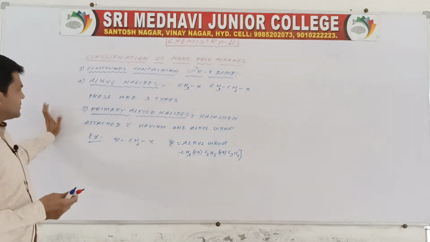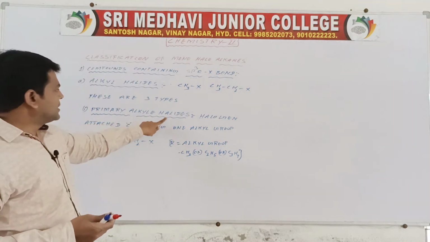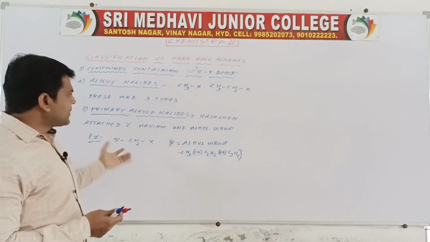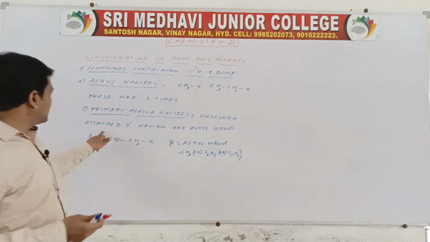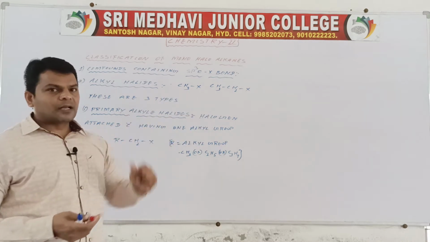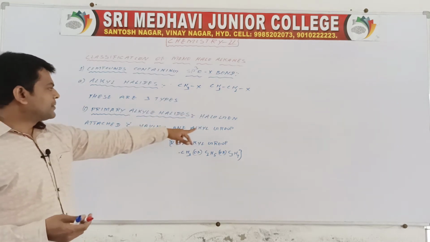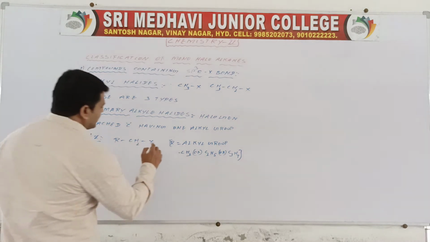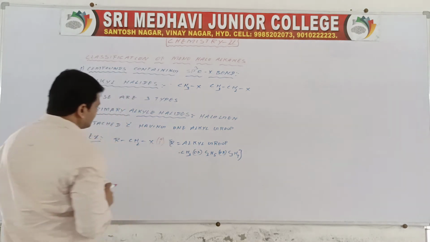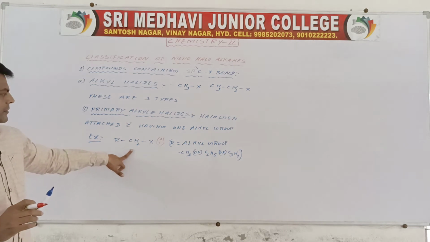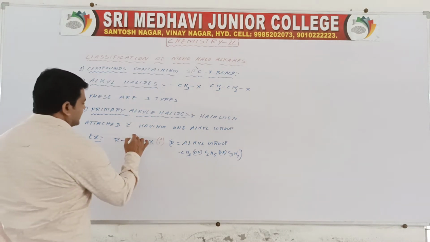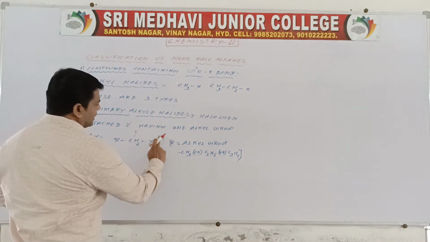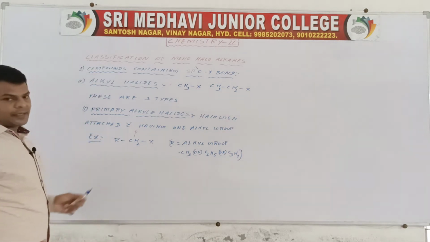These are three types. The first is primary alkyl halides: the halogen-attached carbon having one alkyl group. That is nothing but a primary alkyl group, and we indicate it like this, as primary.